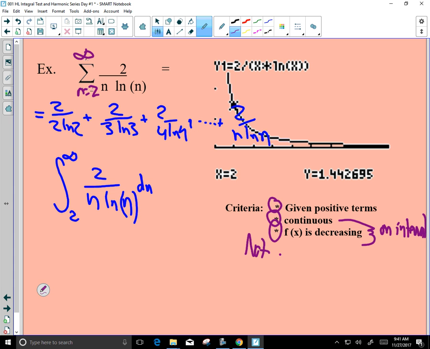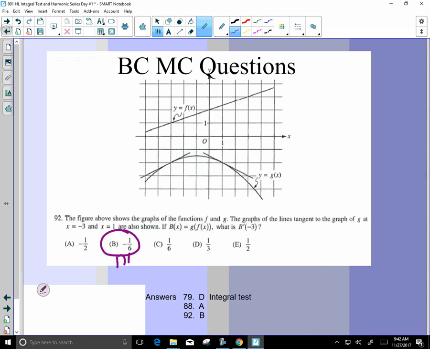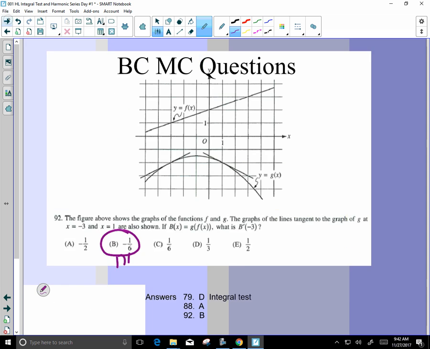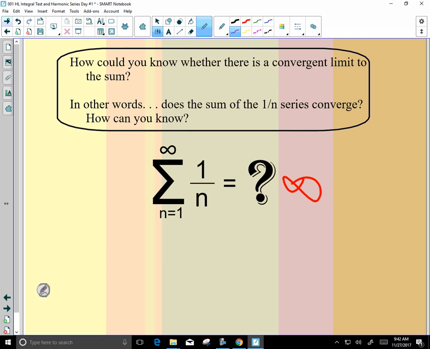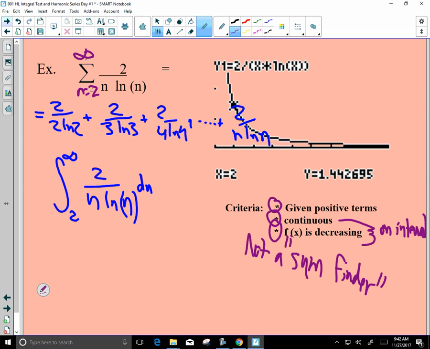It's not a sum finder. Very important. Kurt mentioned that on that problem we were looking at. That's why this one didn't work: the sum is not k. What we're finding is just a convergent value to verify that it's going to be a value.